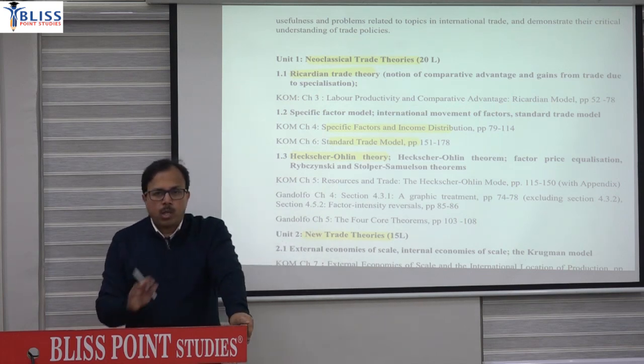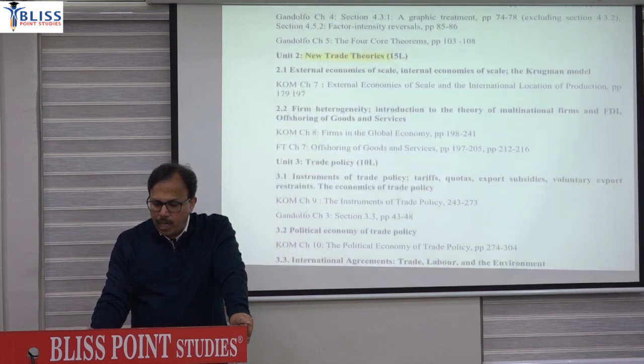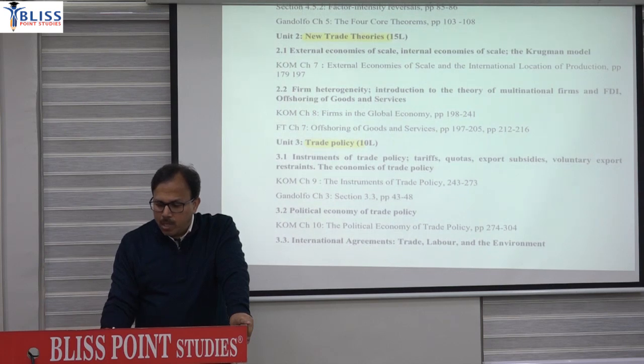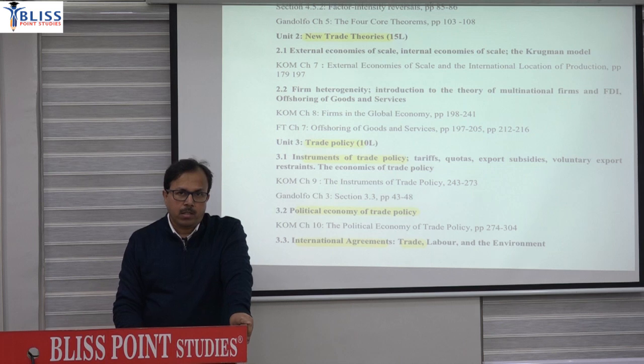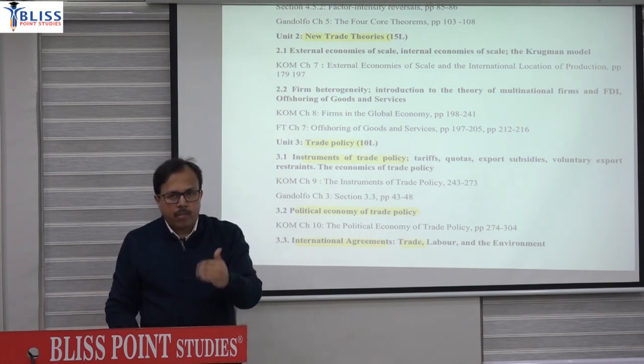So the first unit is all about the neoclassical, the second is new trade theory, and the third is trade policy, which will include instruments of trade policy, political economy of trade policy, and some international agreements related to trade, labor and the environment. So the third unit has various subparts.